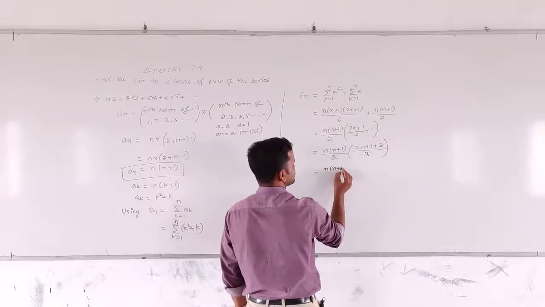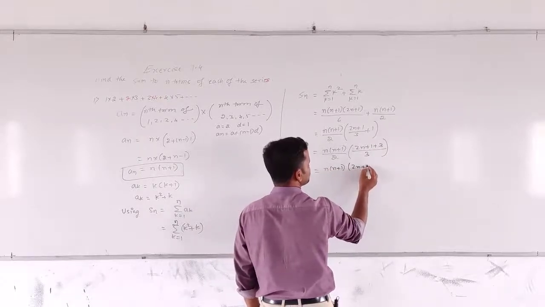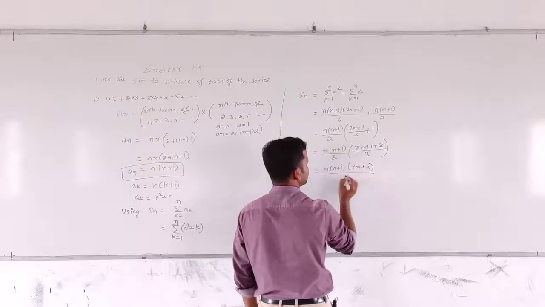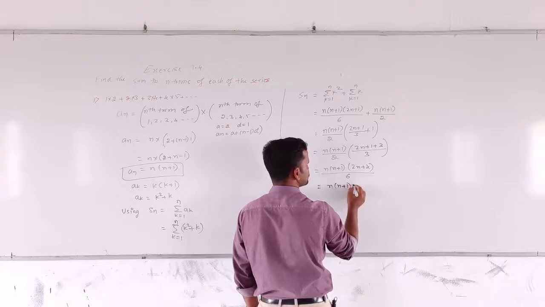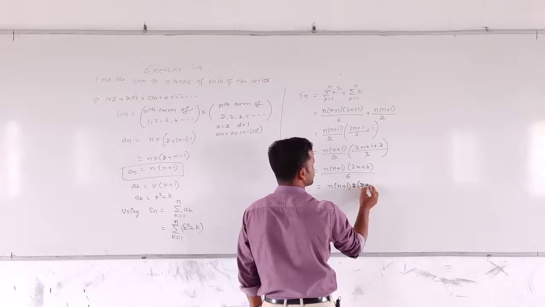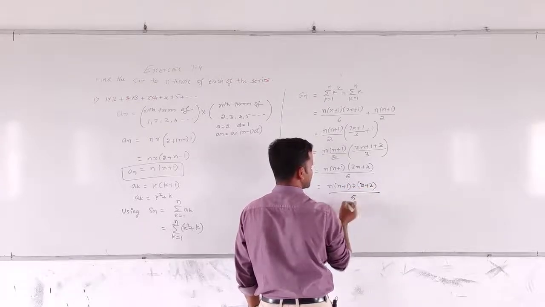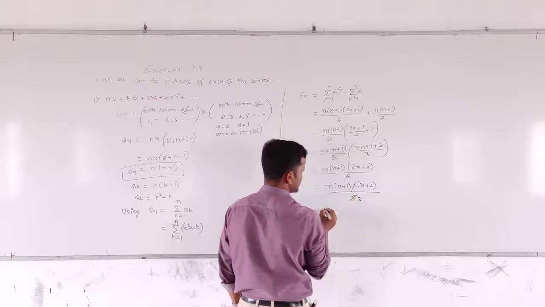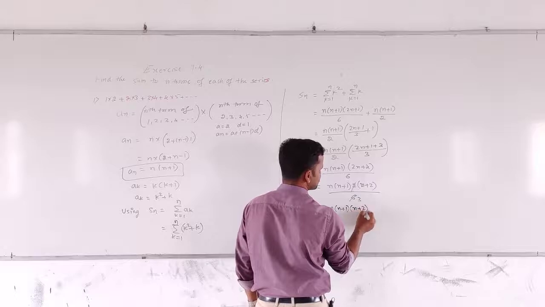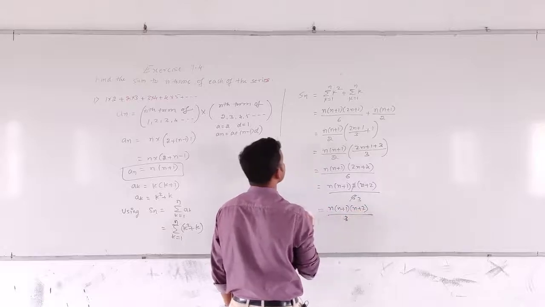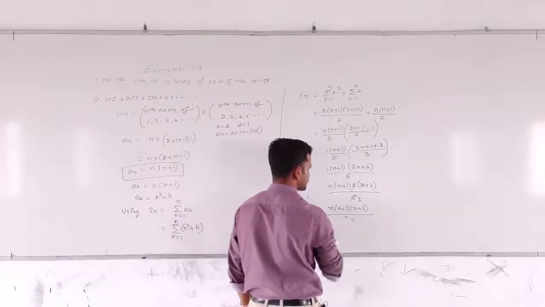So n into n plus 1 into 2n plus 4 divided by 2 into 3, 6. n into n plus 1 into 2 is common here, into n plus 2 divided by 6. 2 ones are 2, 3s. We have n into n plus 1 into n plus 2 divided by 3. That is what Sn is equal to.